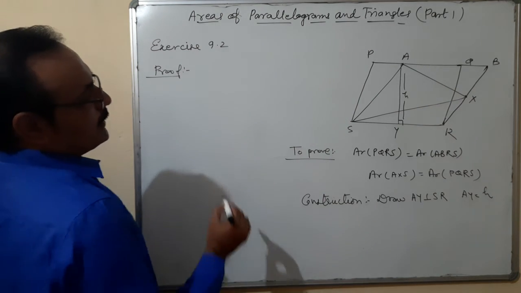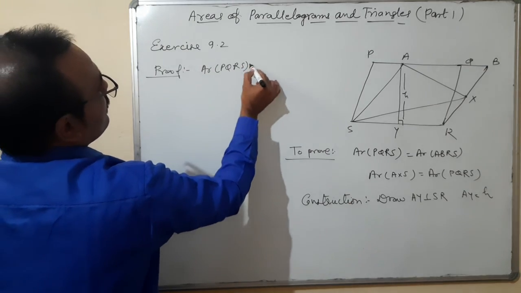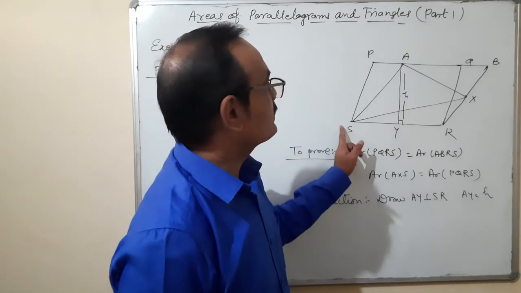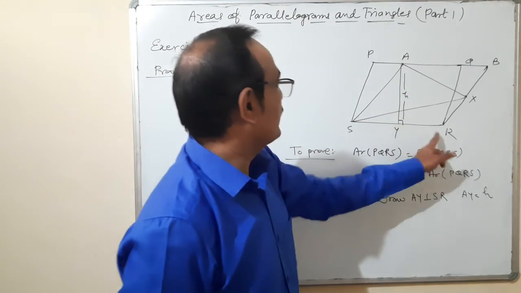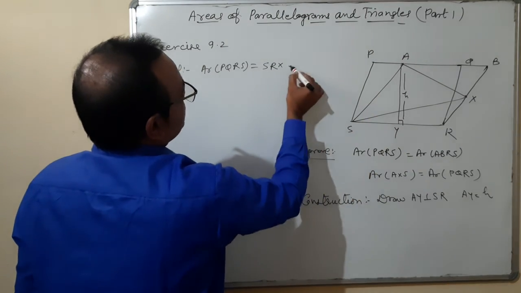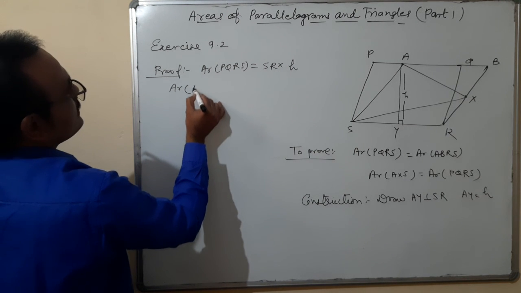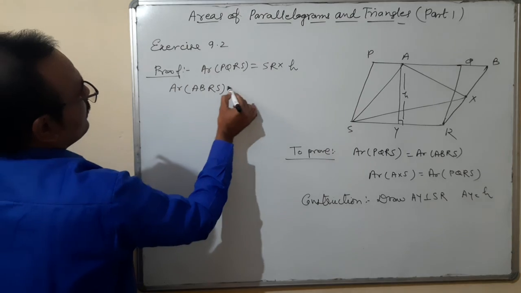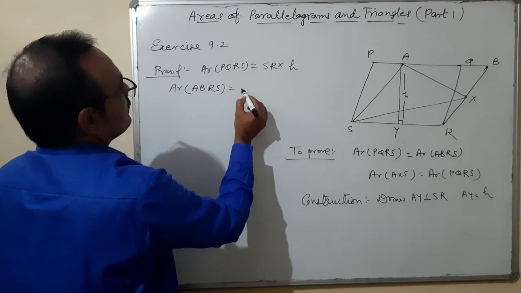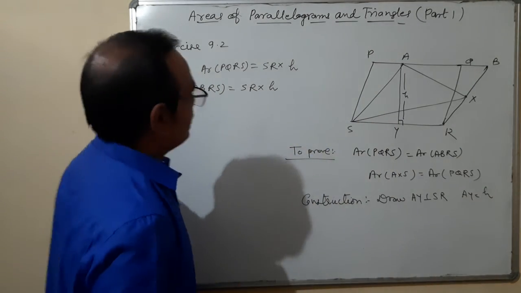Area of parallelogram PQRS is equal to base into height. I am taking SR as the base and height is H. Second, area of ABRS, base SR, and height is the same H because the lines are between the same parallels.